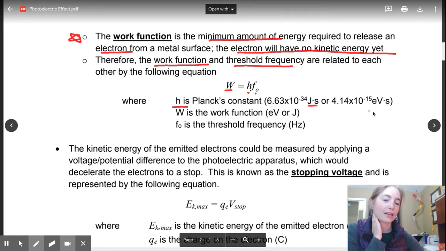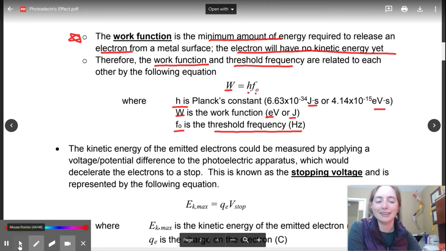Whichever one you use depends on the scenario, so make sure you pick the one you need carefully. W is the work function in electron volts or joules, depending on the scenario, and f0 is the threshold frequency in hertz. Next equation.